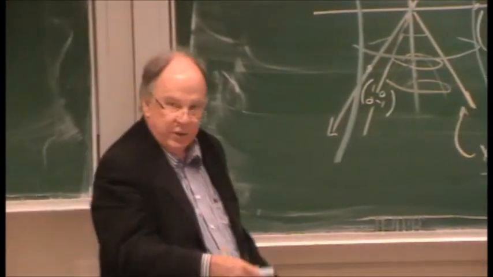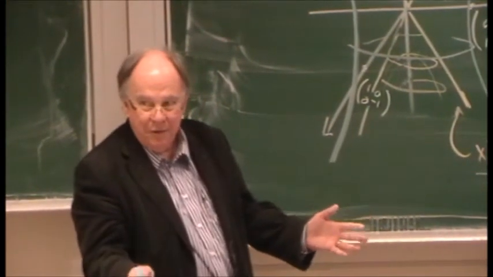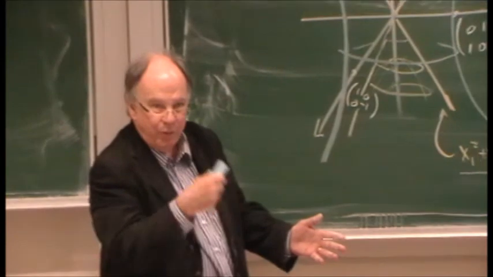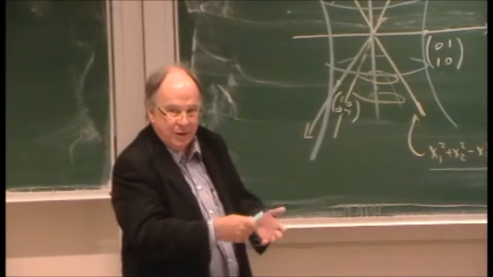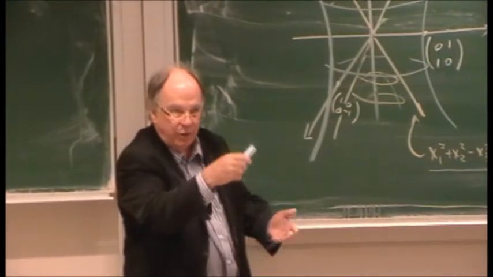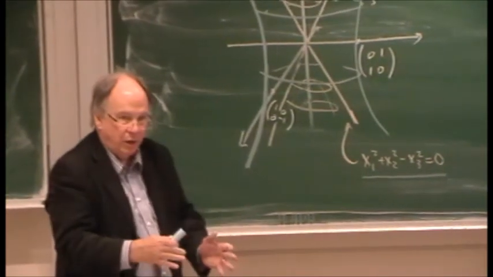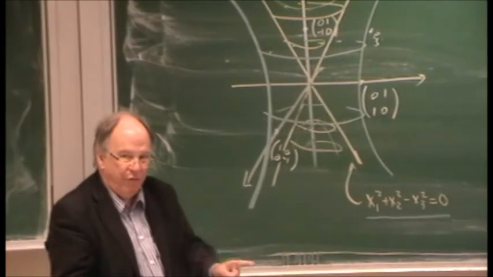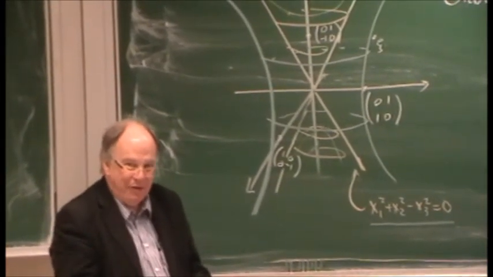Okay, so on the outside of the light cone, it's a hyperboloid of revolution, and on the inside of the light cone, it's a paraboloid of revolution, or I think you call it, right? Two totally different phenomena.